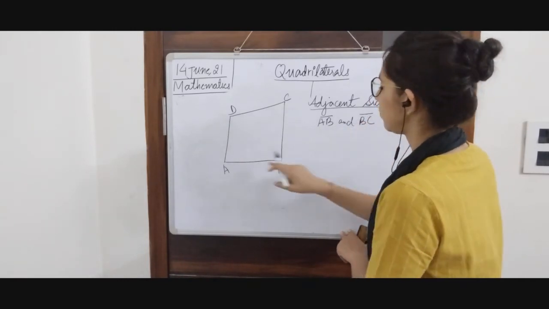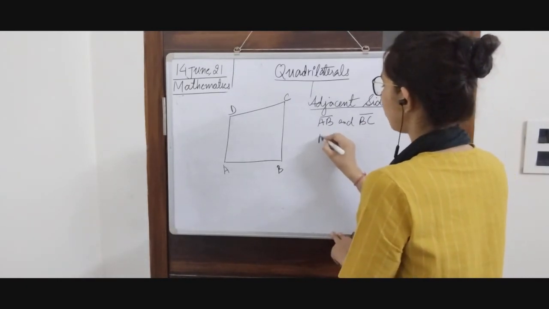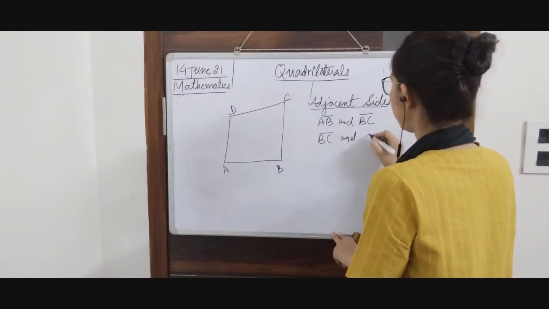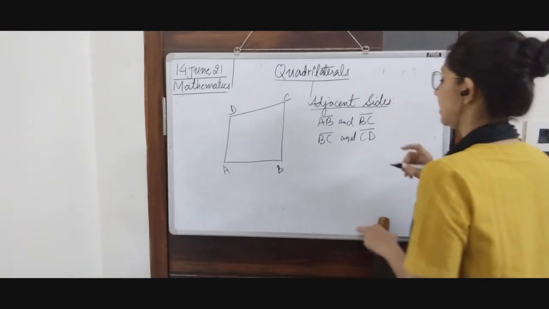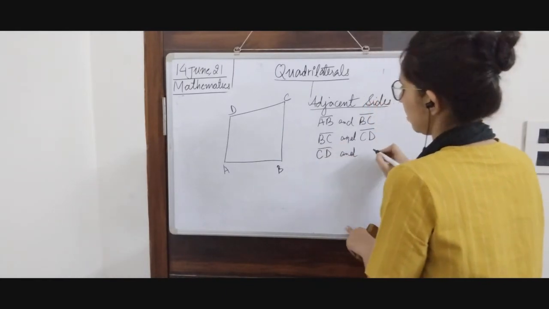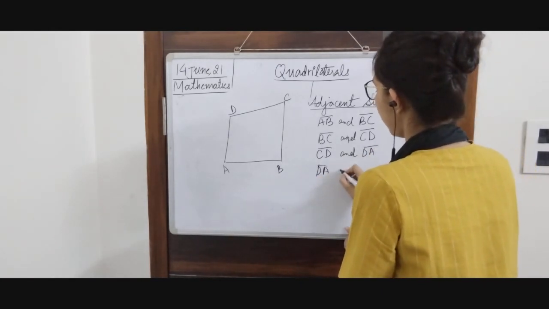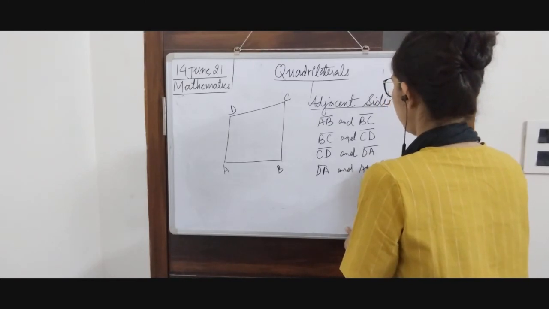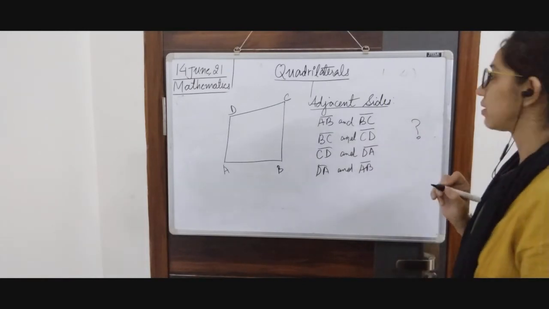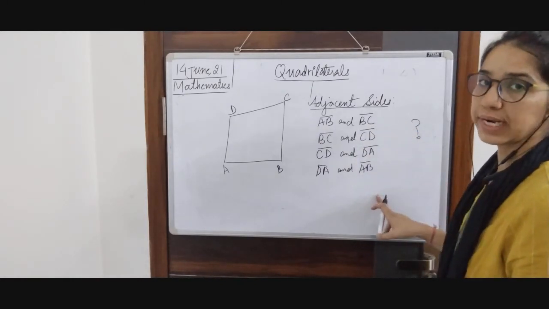These are adjacent sides with vertex B as common. Then we have BC and CD as adjacent sides. Next pair is CD and DA, and the next pair is DA and AB. Check if you can write any other adjacent side pair. The answer is no. There are only four pairs of adjacent sides.